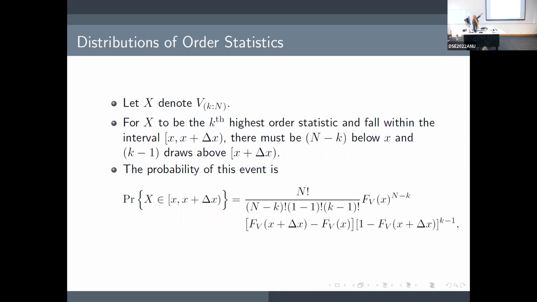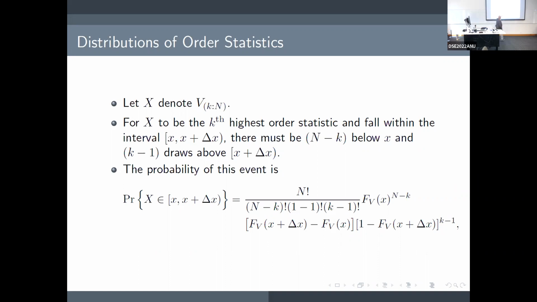Consider some X, which denotes the kth order statistic. And what do we know about the kth order statistic? Well, it lies in an interval X, comma, X plus delta X, and there's N minus K below, K minus 1 above, and 1 in the middle, right?